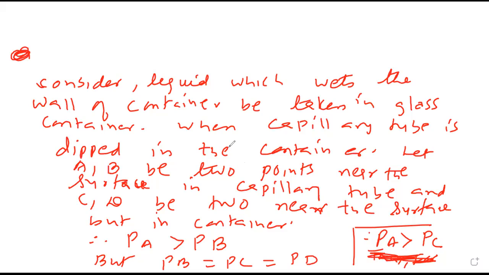Sir, can you explain the reason once again why PC is equal to PD? Because C and D both are on the horizontal surface. All this above and bottom has no meaning, no thickness. So C and D will be acted upon by the same atmospheric pressure. Because on a horizontal surface, pressure remains the same everywhere.